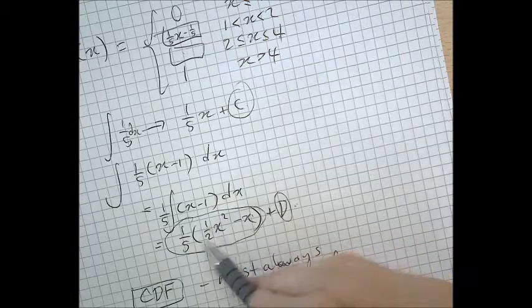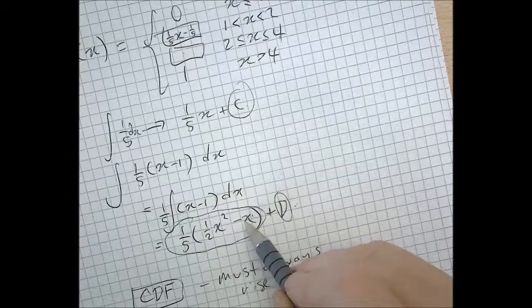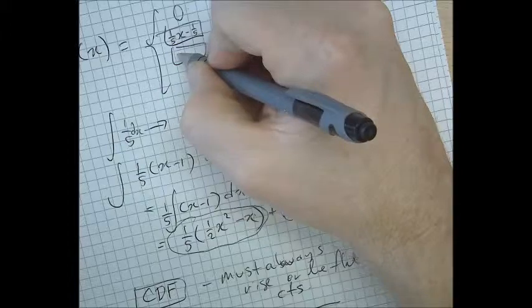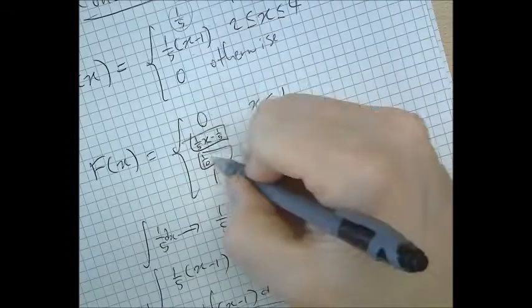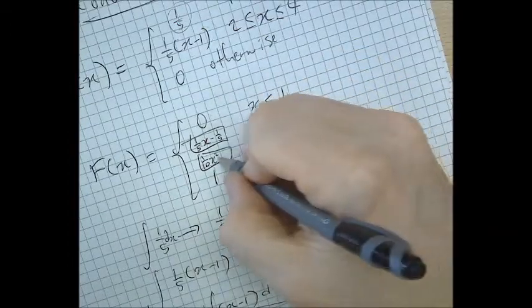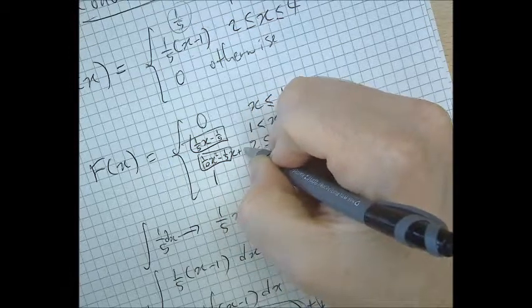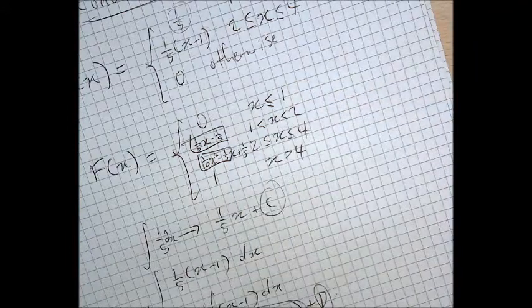So if it's going to have a value of 1, then D needs to be 1 fifth. So it's a tenth x squared minus a fifth x plus 1 fifth that I need.